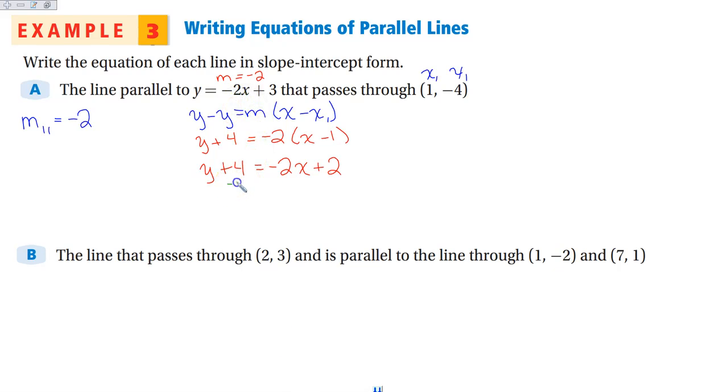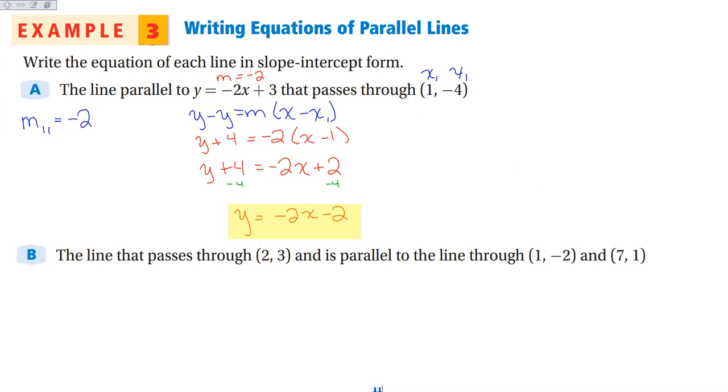Then the next thing that I'm going to do is subtract 4 from both sides. So I'm going to have y equals negative 2x, and then 2 minus 4 is a negative 2. So this is my equation of the line that is parallel to this one that will go through the point 1, negative 4. So they have the same slope.